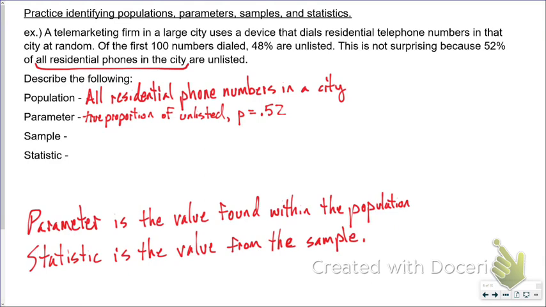All right. They took a sample, and it was the first 100 random phone numbers dialed. And the statistic is the sample proportion of unlisted.